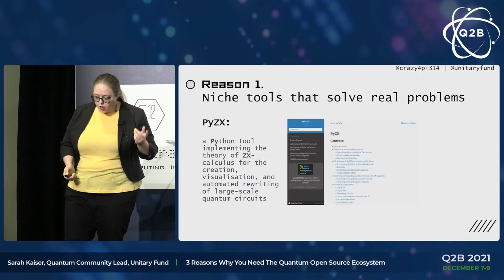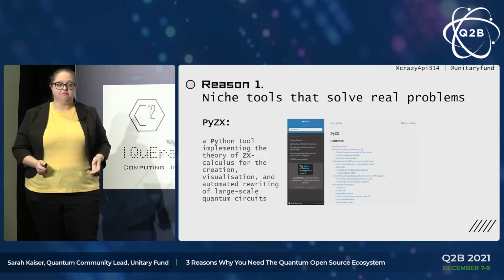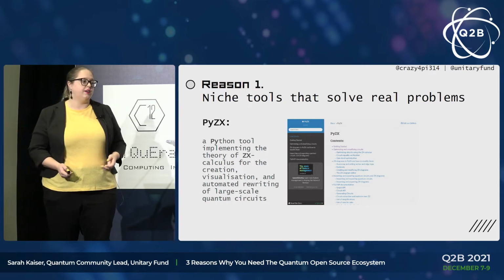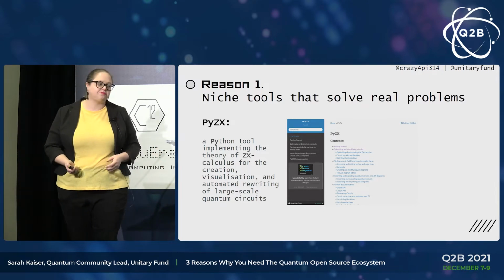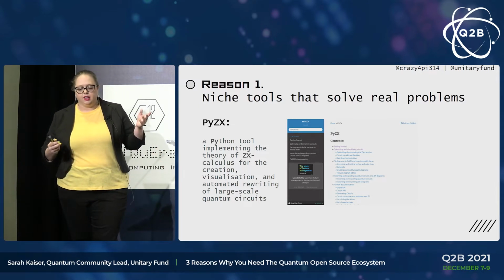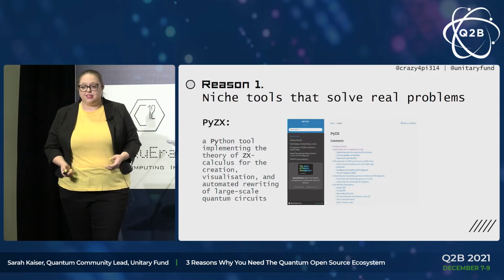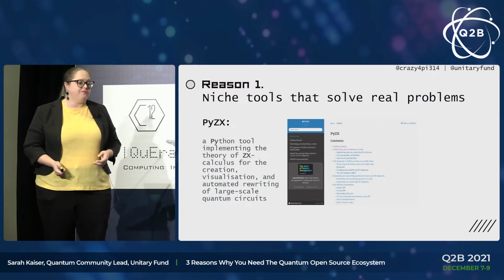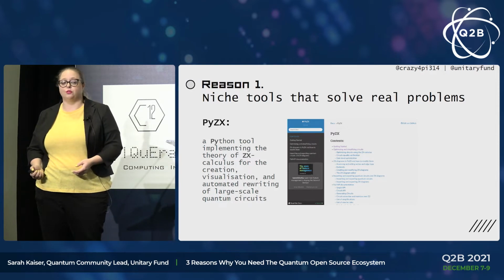One good example of a microgrant project that had non-trivial impact is PyZX. This is a ZX calculus tool for visualizing and creating circuit synthesis, and it's now integrated into the Qiskit transpiler. So this was quite successful and is now a pretty broadly used tool.